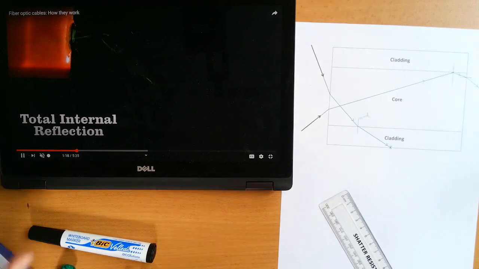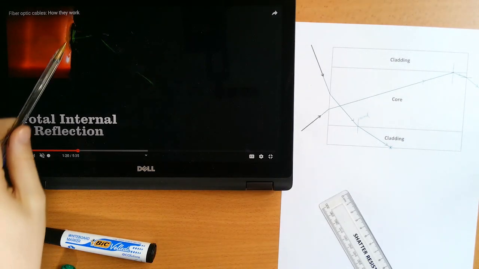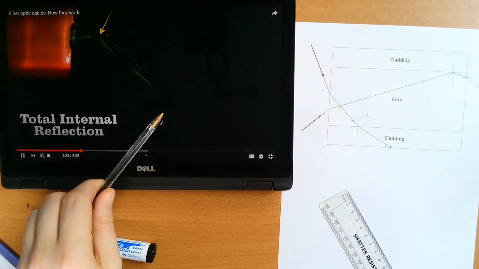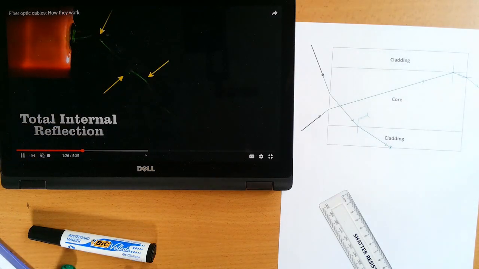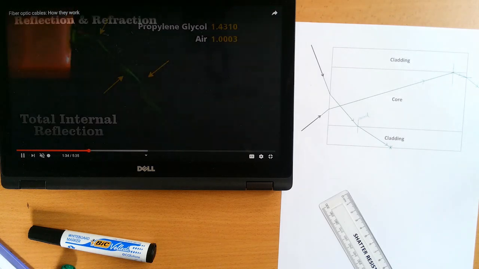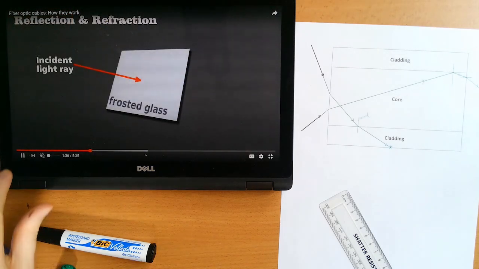There you go, that's a bit better. So the liquid is coming out here, and you can see this total internal reflection happening in the fibre. And that's the interesting thing with fibres, you can have the light travel round corners. As soon as you're greater than the critical angle, it will totally internally reflect all the way down.